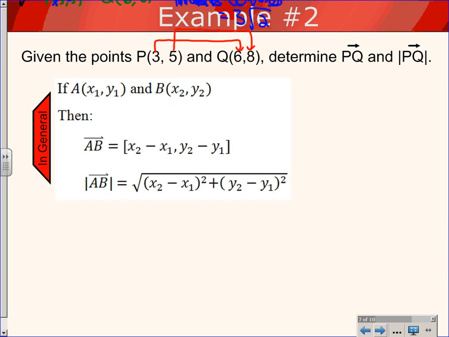So if we have points x1, y1, and another point x2, y2, then the way we find a vector, and this is how we have to write it from a formula perspective, was the first way I explained it. Take the point that was the head and subtract away the point that was the tail. So x2 should be there. Take away x1. And then y2 take away y1. Right, that will work.